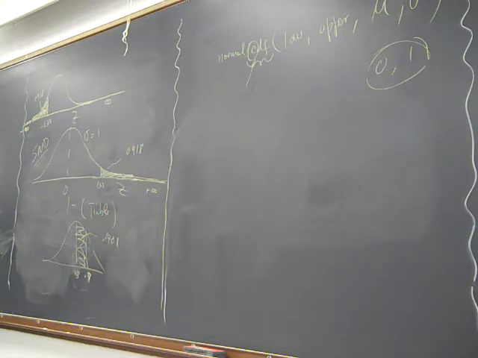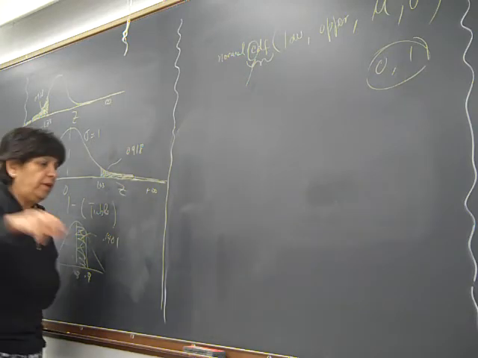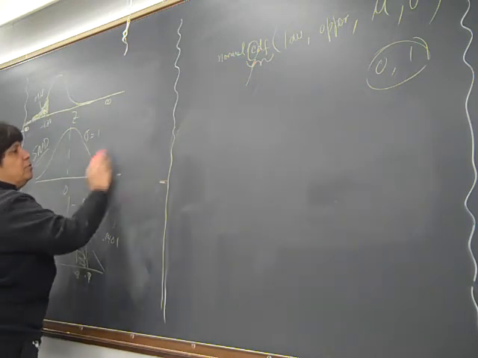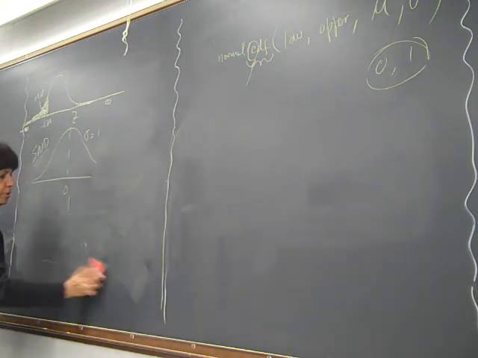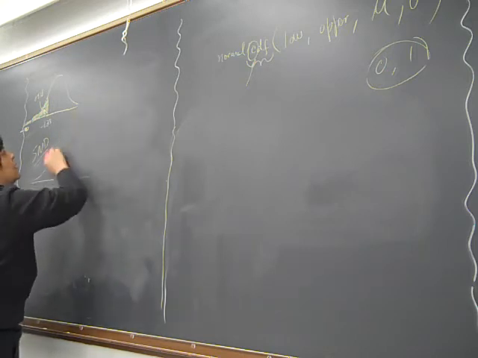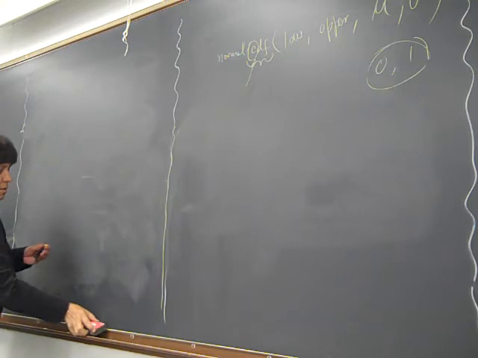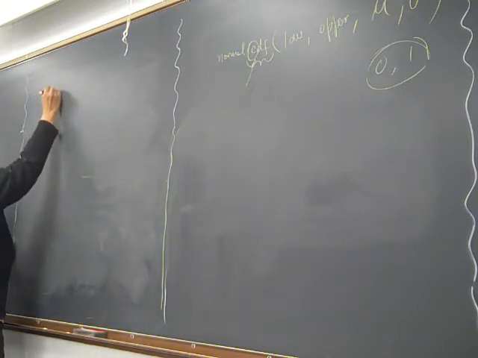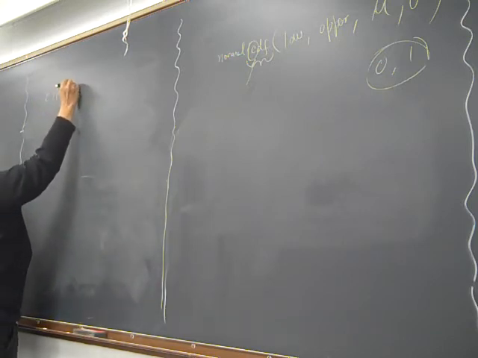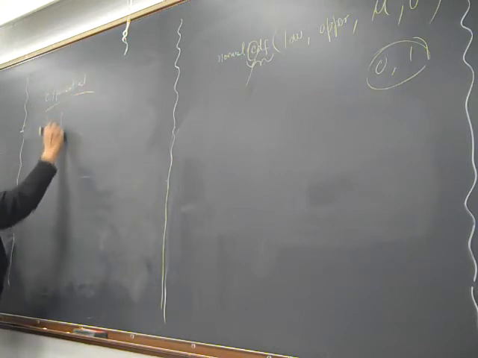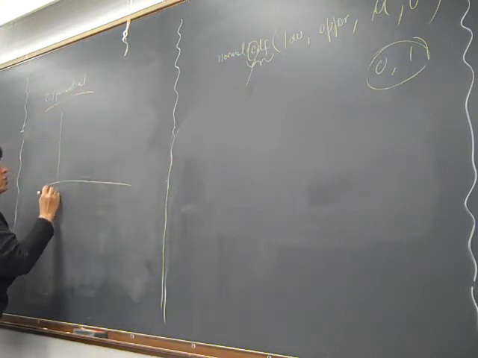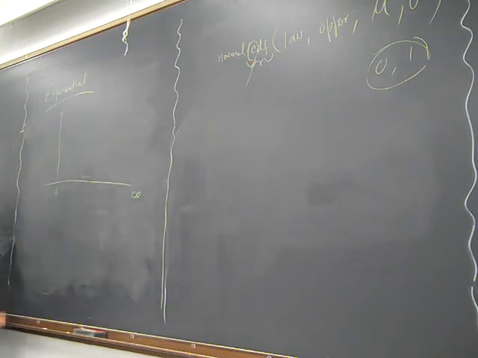Let's cover now the exponential distribution. We're done with the normal distribution. Let's do the exponential distribution. The exponential distribution goes from 0 to infinity, not from negative infinity like in the normal distribution.